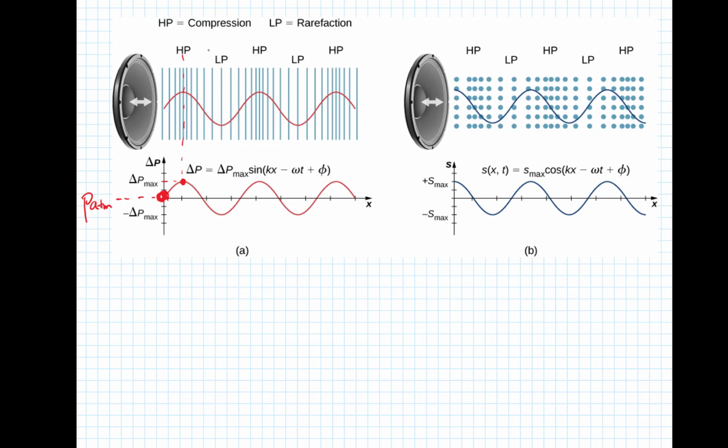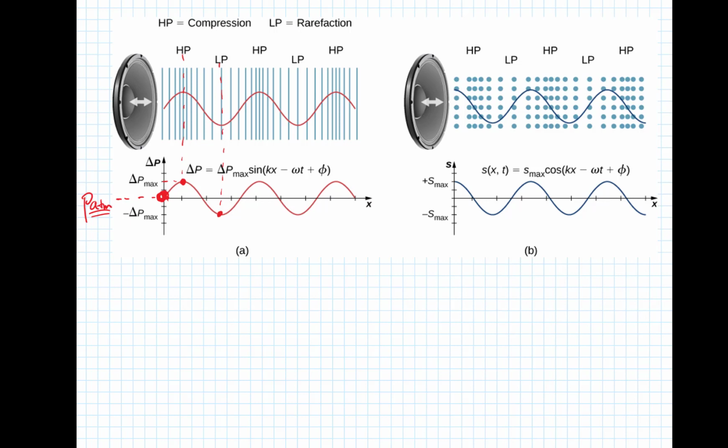And when you have the lowest compression, sort of if you have the most expansion rather, then you can also have negative changes of pressure with respect to the atmospheric pressure, which is sort of the equilibrium pressure here.